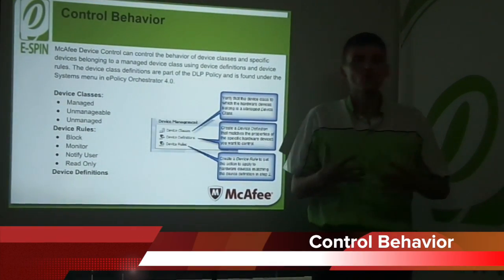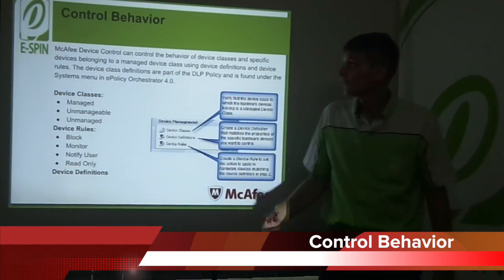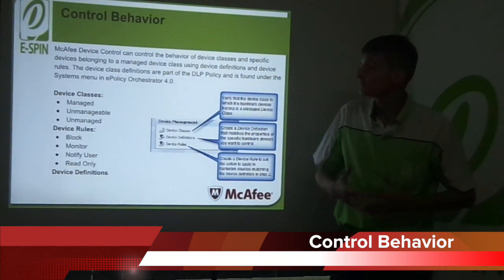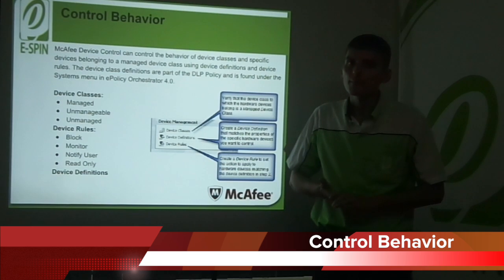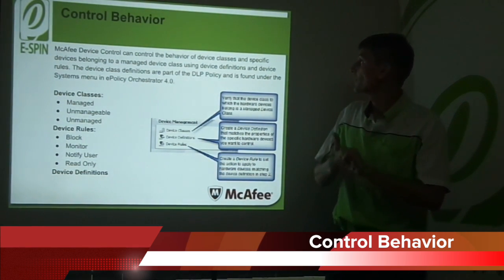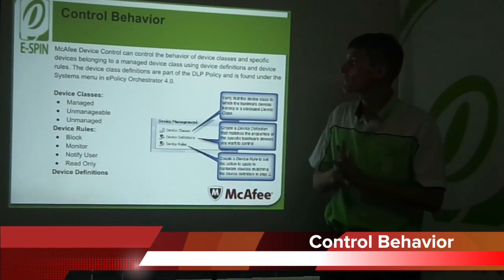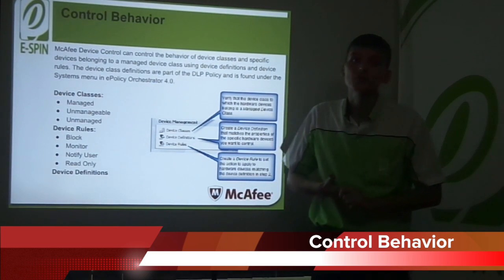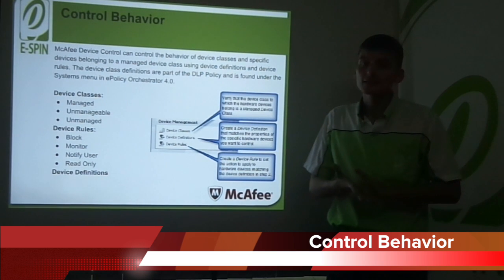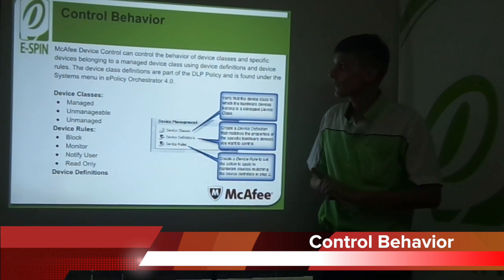Okay, let me talk about the control behavior. McAfee device control can control the behavior of device classes and specific devices belonging to a managed device class using device definitions and device rules. The device class definitions are part of the DLP policies and are found under the Systems menu in ePolicy Orchestrator.